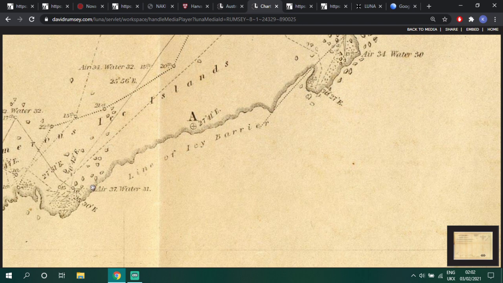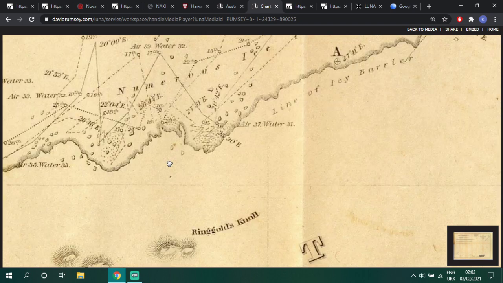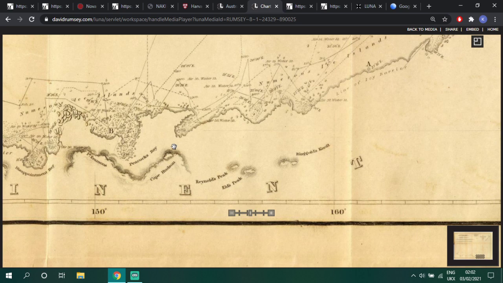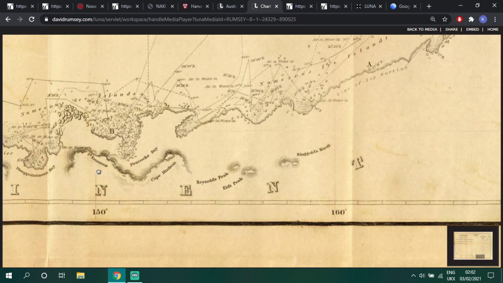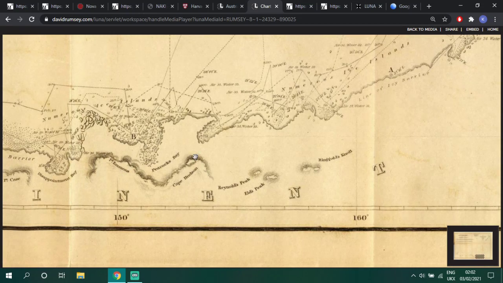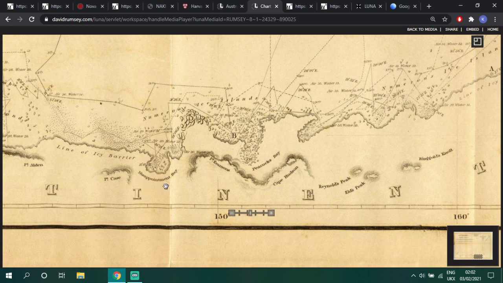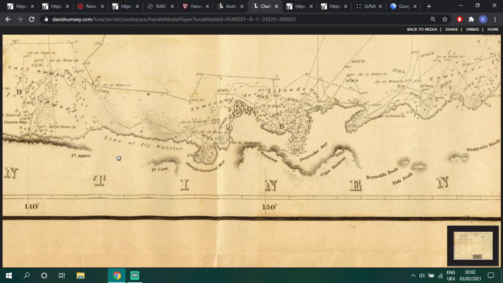Let me zoom out a bit. Yes, there's a lot of information here on the landmass. A line of icy barrier. Disappointment Bay. Can't go that way.